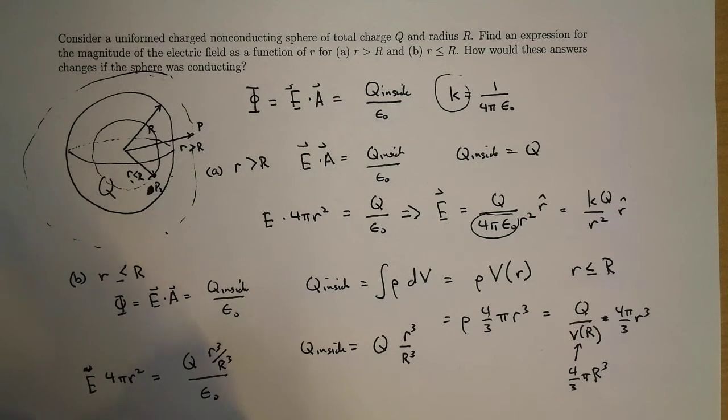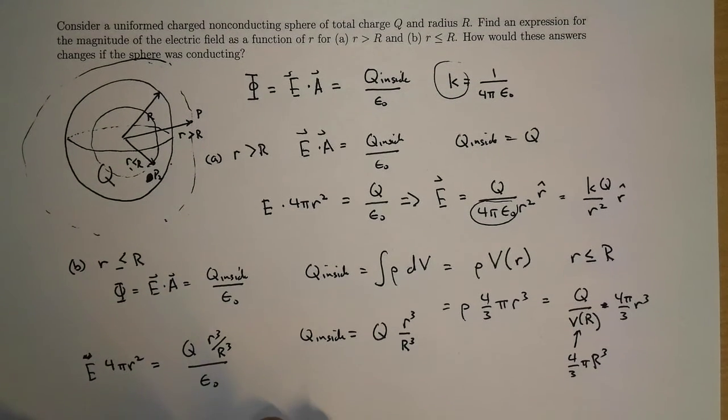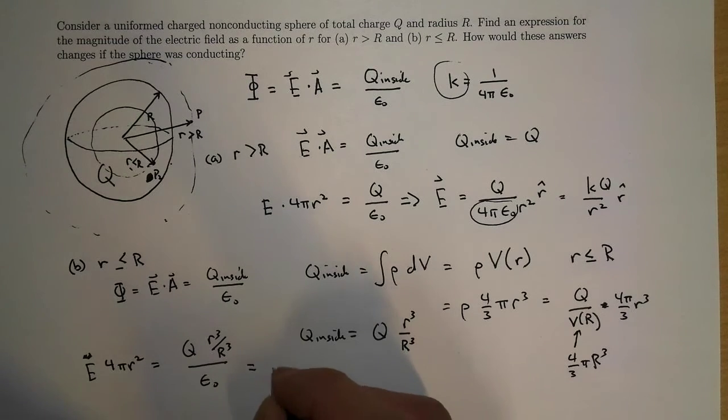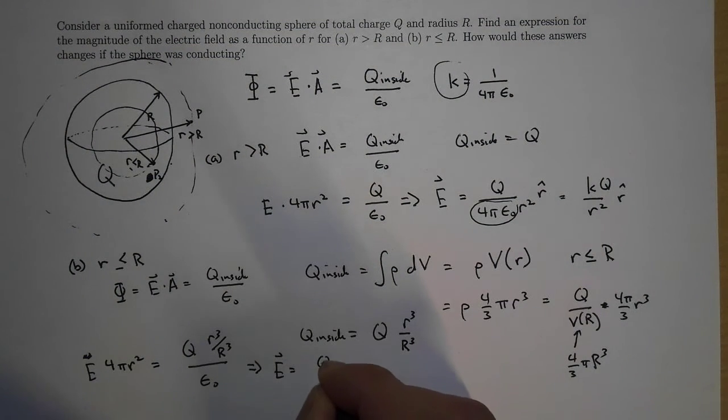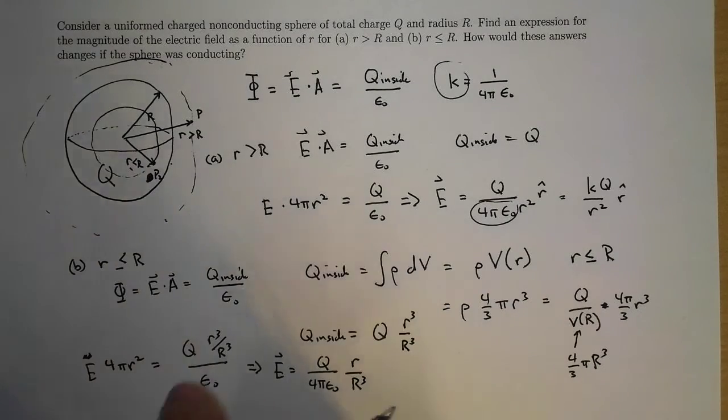Then simplifying everything quickly, this implies the electric field is going to be equal to Q over 4 pi epsilon naught, r over R cubed, because the r squared will cancel one factor of the r cubed there, in the r hat direction. And so therefore you're done.